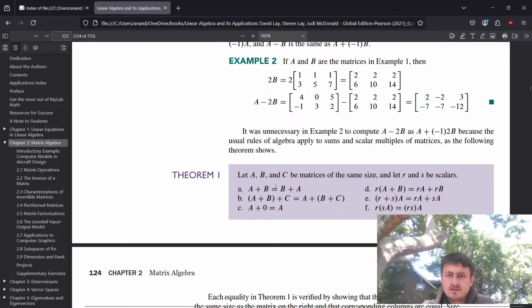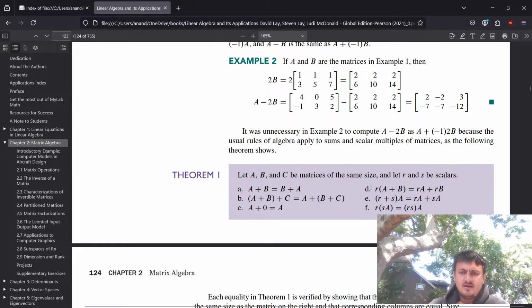Interestingly, they don't say that there's an inverse, but there must be an inverse.